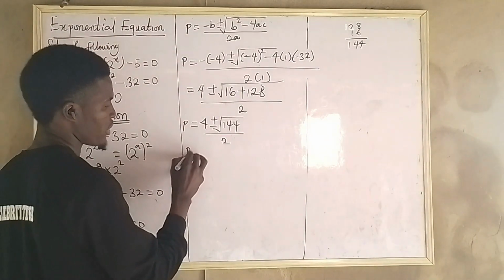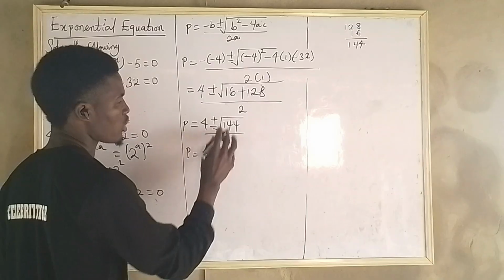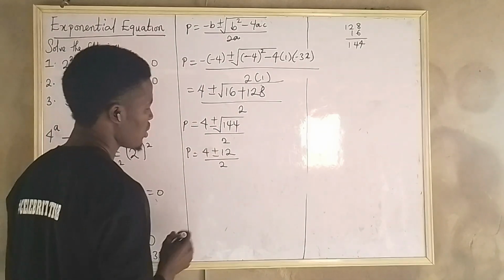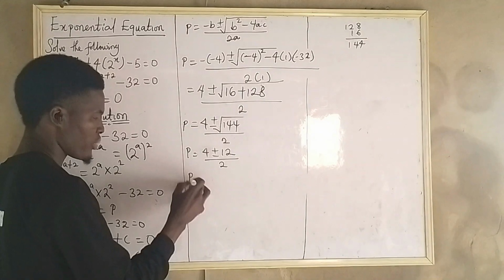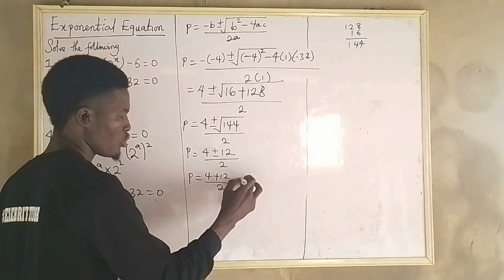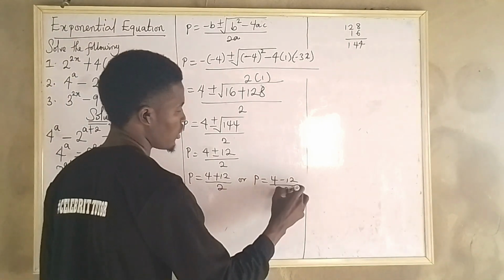So that means my p is now equal to 4 plus or minus square root of 144, which is 12, over 2. So I'm going to have p equal to 4 plus 12 over 2, or p is equal to 4 minus 12 over 2.